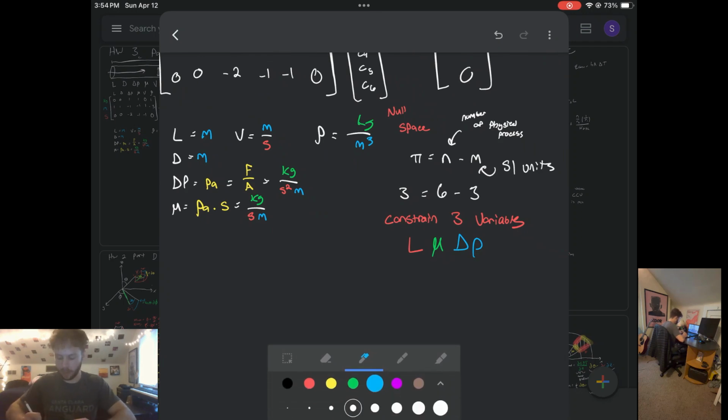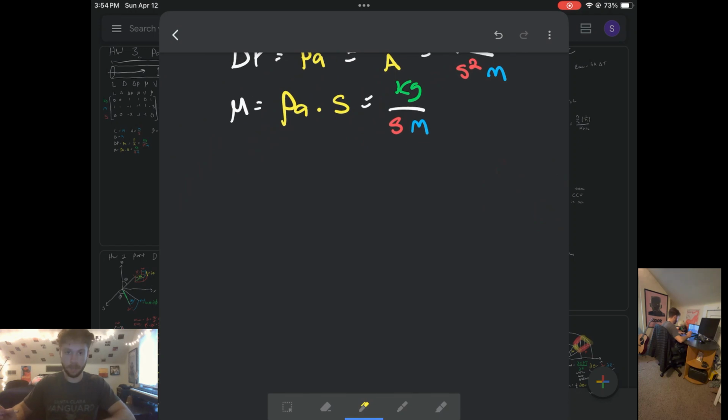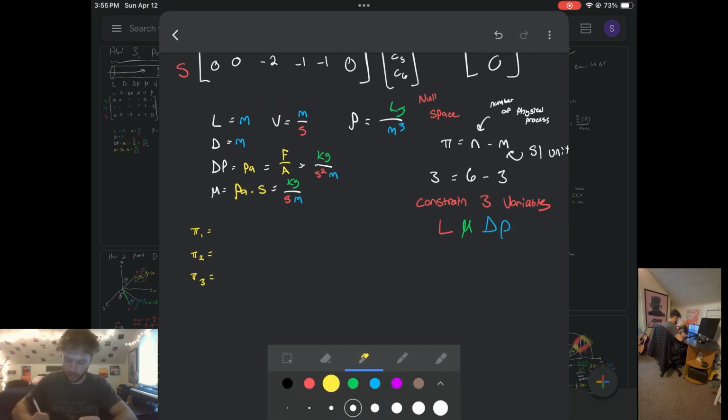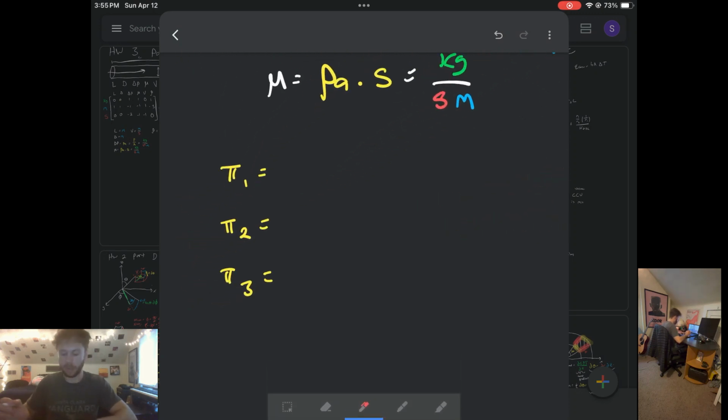Okay, so because we're considering 3 variables, we'll have 3 different Buckingham Pi equations. So we'll say pi 1, pi 2, pi 3. So our 3 constrained variables will appear each in one of the 3 equations. So writing out our first equation, we'll say length will appear to a power of 1.